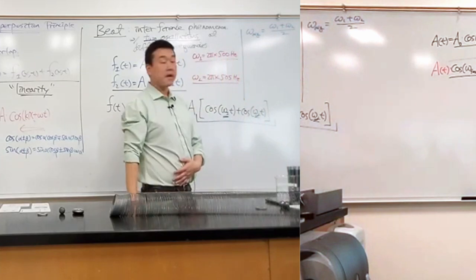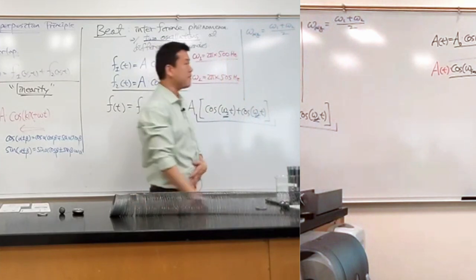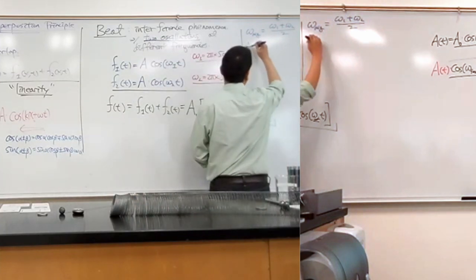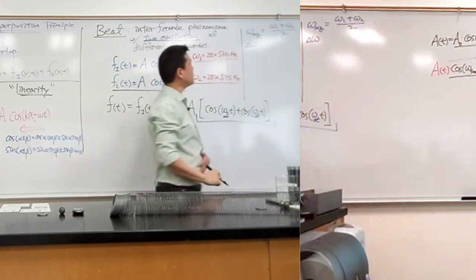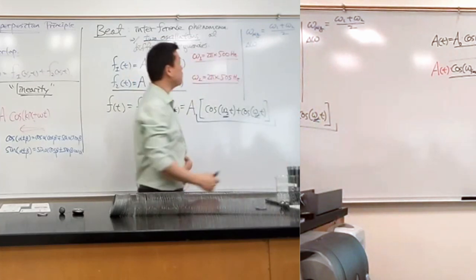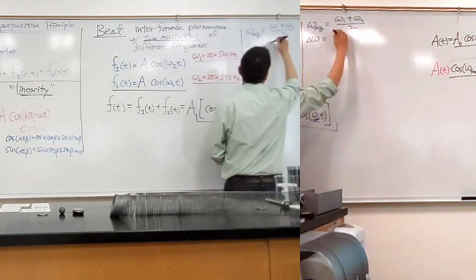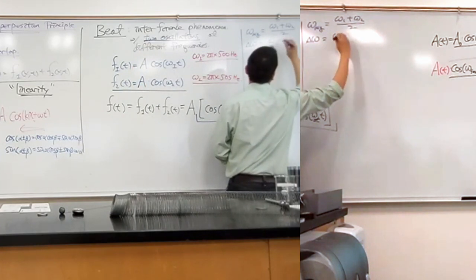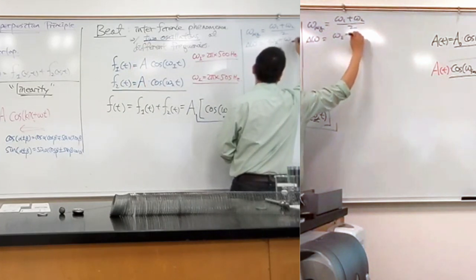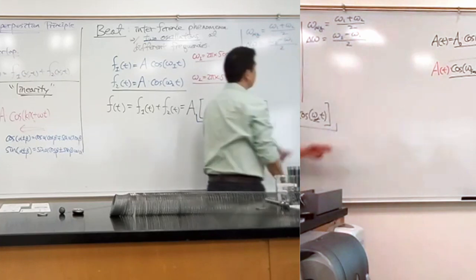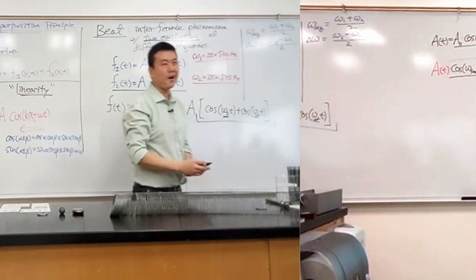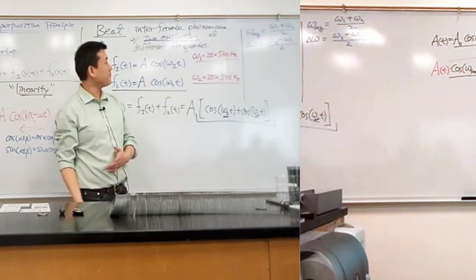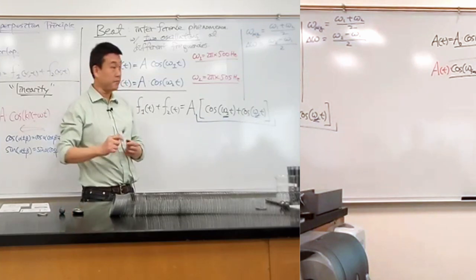And I'm going to define delta omega in a slightly odd way, as omega 2 minus omega 1, divided by 2. It's this dividing by 2 that's a little bit odd, but that'll make my future expressions simple.